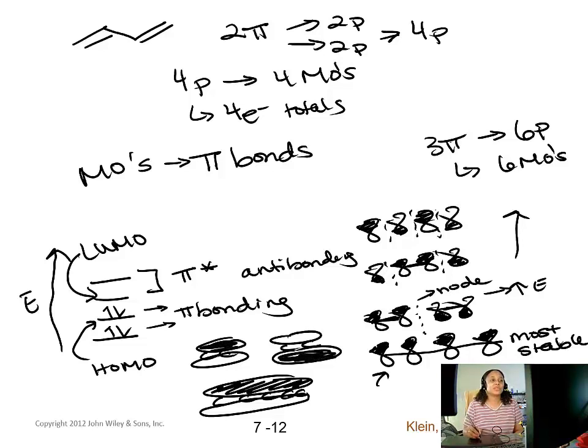And then we can see the same thing with the next one, where the middle ones are in phase, but the outer ones are not in phase. Okay, etc. And then the highest one, nobody's in phase.